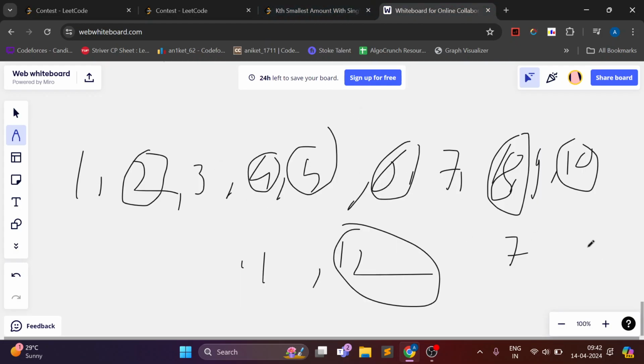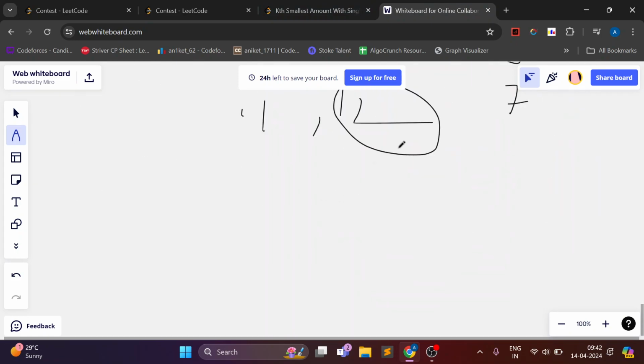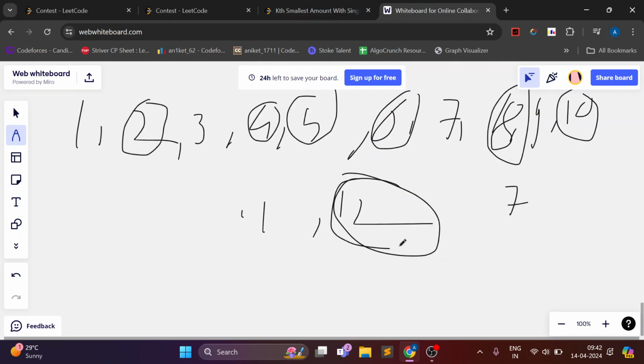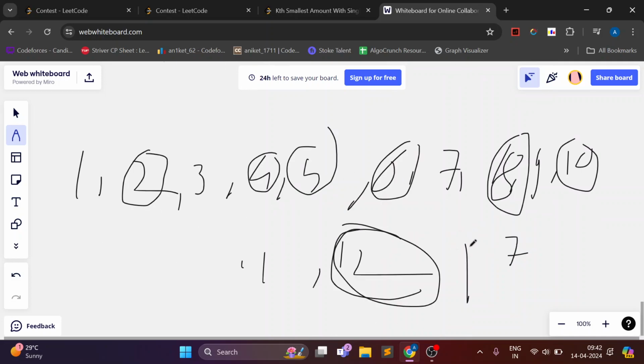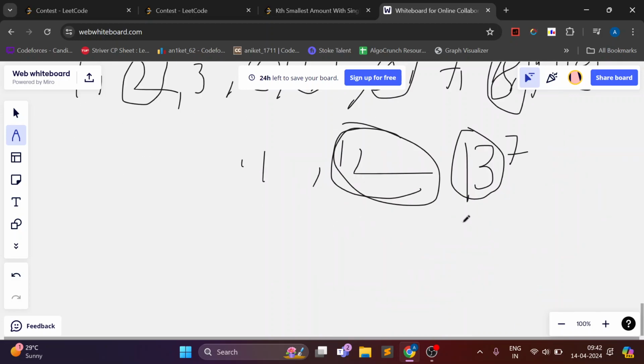So if I can reverse engineer the question like this, I can fix this. Also, it is important to understand that if the number of elements before 12 that are divisible by one of the coins of the array is 7, then for 13 also it will be greater than or equal to 7.